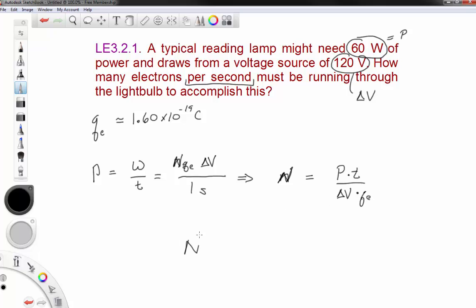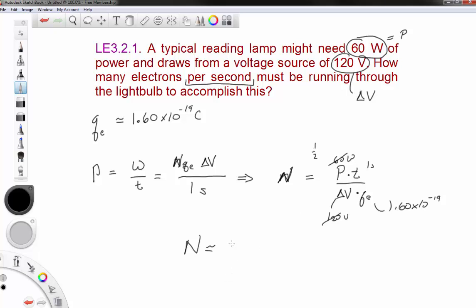If we plug all that in, we can get a rough value for the number of electrons per unit time. This is 60 watts, this is 1 second, this is 120 volts, and this is 1.60 times 10 to the minus 19. 60 over 120 is a half.